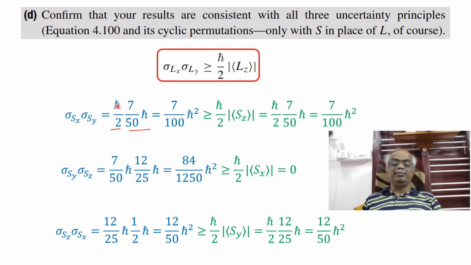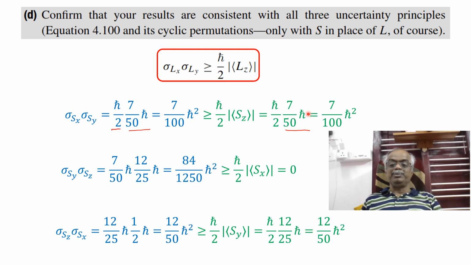If you multiply both, this is 7 over 2 into 50, 100, and ħ², which is greater than or equal to ħ over 2 times the modulus of Sz. I am replacing L by S. We have seen the value of Sz in section B as 7 over 50 ħ, and of course you have this ħ over 2.